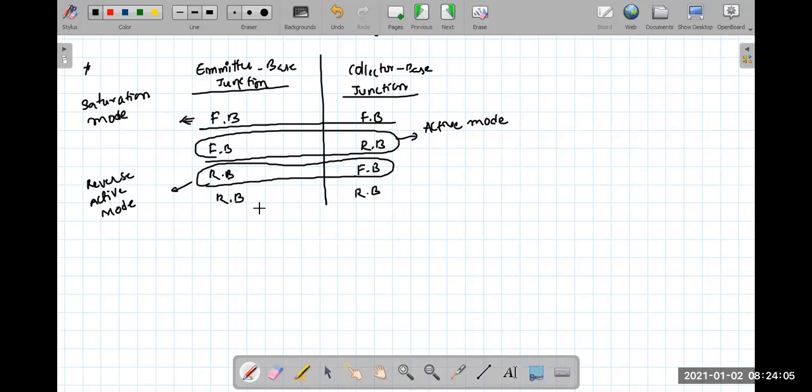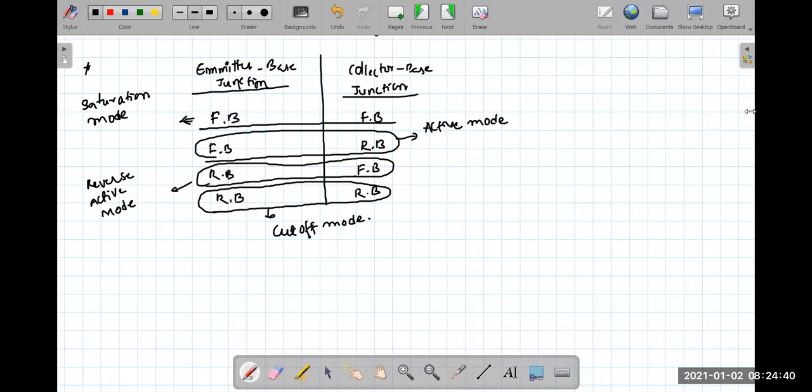And the reverse bias and reverse bias case is what is called cutoff mode. You can say that saturation mode is nothing but the on mode, and cutoff mode is off. Case 2, forward bias and reverse bias, will be the actual mode in which the transistor will be functioning.